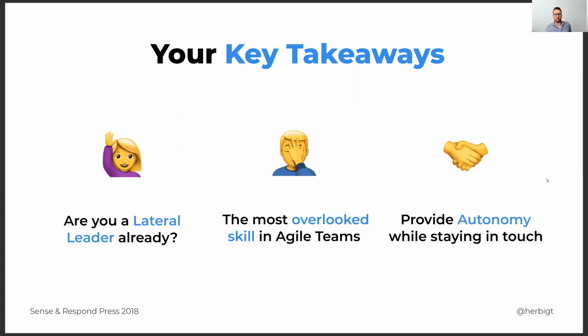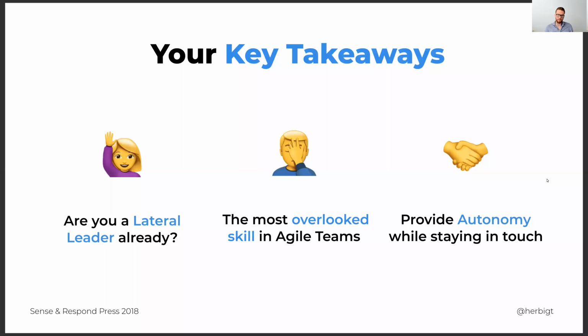Second, I want to point out which key skills are oftentimes overlooked when agile teams are getting assembled and when they try to find their way of how to work together. Most of you are probably also not aware of this one when you're working in agile environments yourself. And the third and very practical takeaway I want to share today is how you can, as a lateral leader, provide autonomy to the teams you're working with without losing touch of the actual tasks and challenges they are facing.